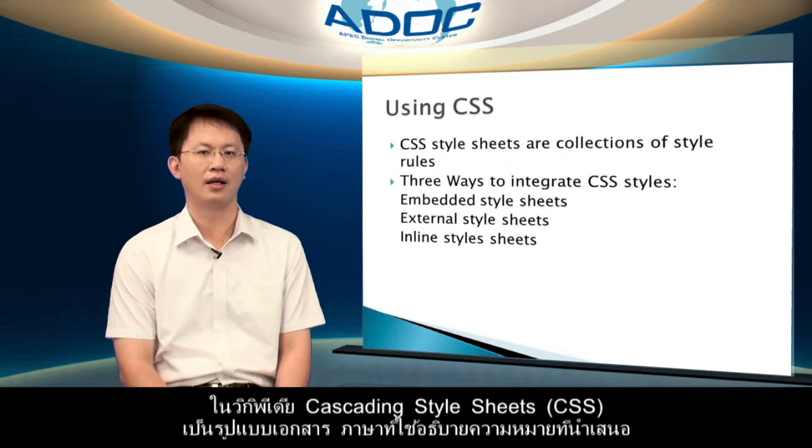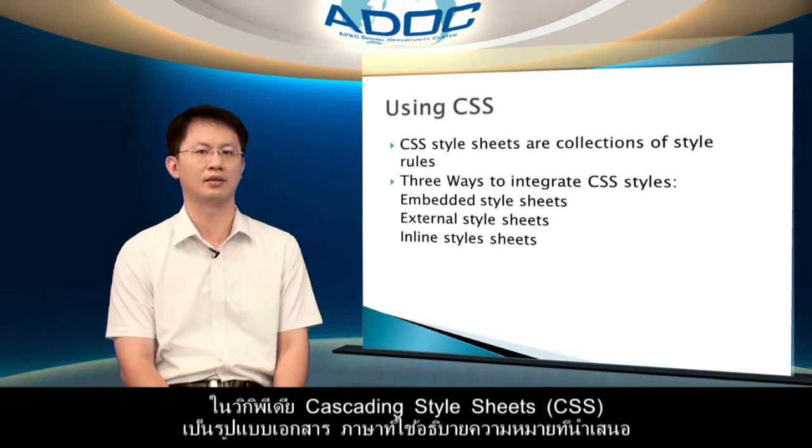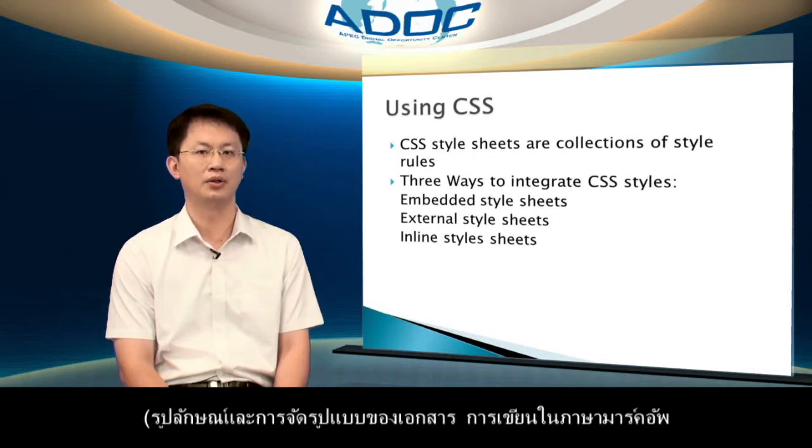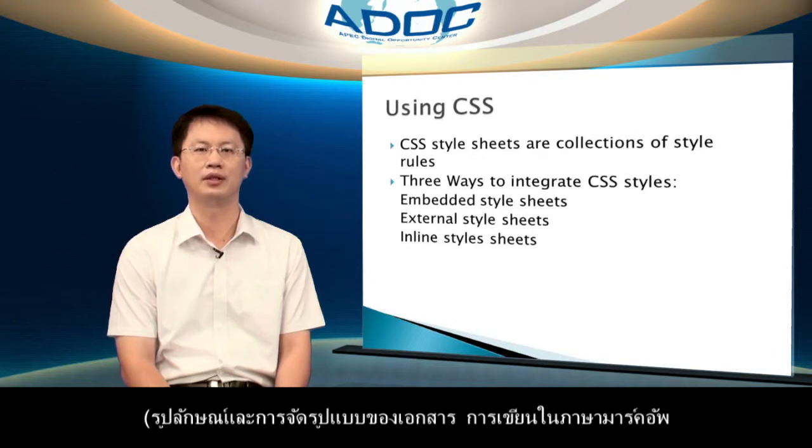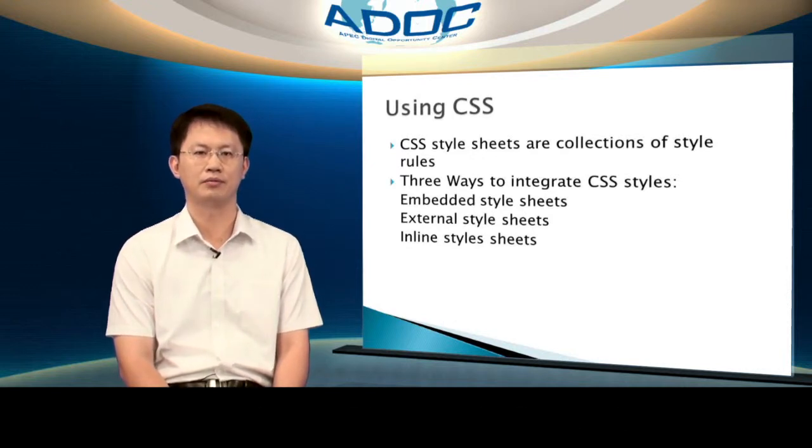In Wikipedia, Cascading Style Sheets, CSS, is a style sheet language used for describing the presentation semantics, the looks and formatting, of a document written in a markup language.